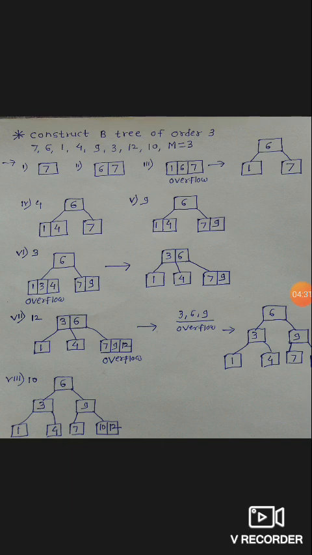Previously it was 1, 4. As I add 3, it becomes 1, 3, 4. But the capacity of a node is 2, therefore there is overflow. As there is overflow, we pick up the central key value which is 3, and we shift it to the upper node.